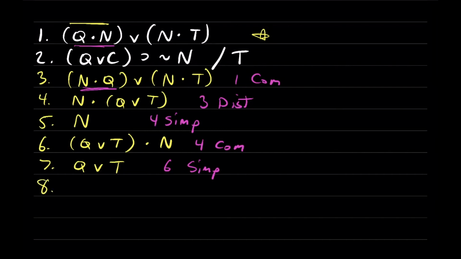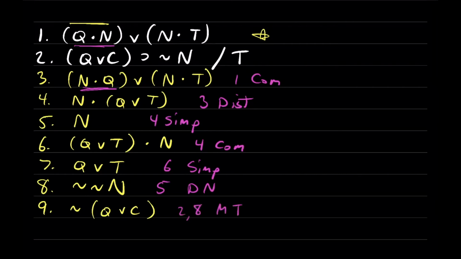So from line 5, I'm going to introduce a double negation, not not N. And that's going to follow from line 5 by double negation, or DN. Now I can do modus tollens together with line 2, and that will give me the negation of the antecedent. It's not the case that Q or C. Okay, and that's going to follow from line 2 and 8 by modus tollens.